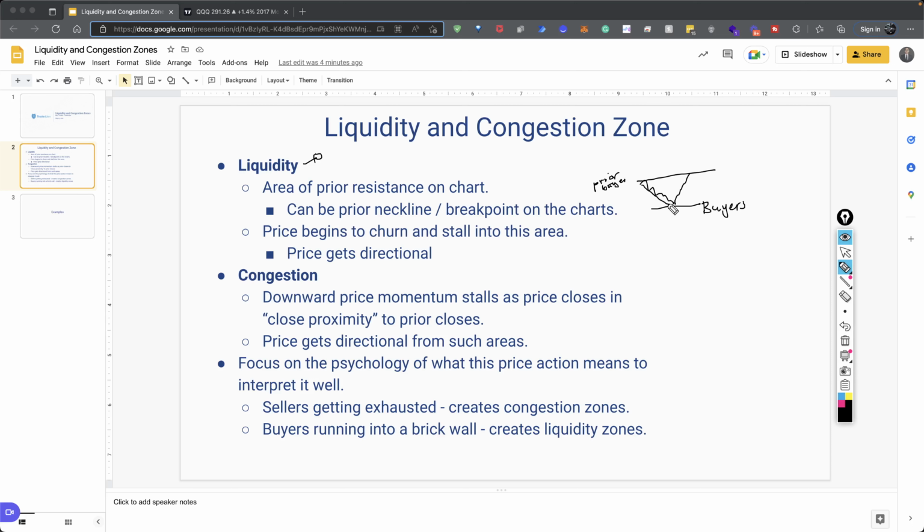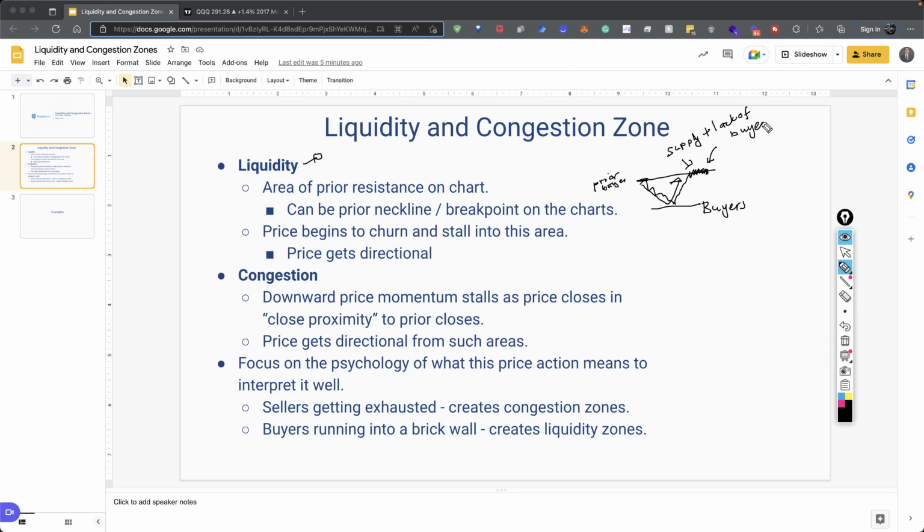They held through all this mess, and when price rallies back up, they get hesitant and they're happy to get out. These prior zones where we saw price failures and price comes up to them are called liquidity zones, where there's a lot of overhead supply.